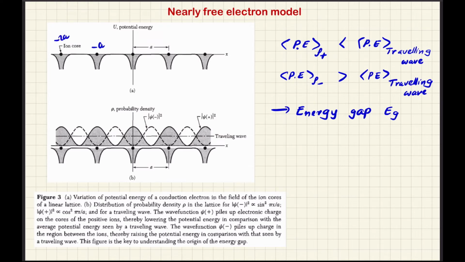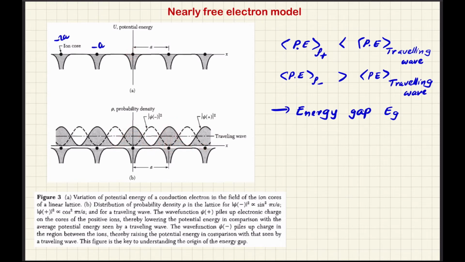Accordingly, you can see that for psi plus the probability distribution is maximum at 0, and as you move away it decreases. Again at a the probability distribution is maximum and then decreases.